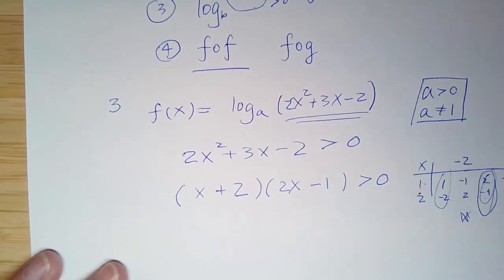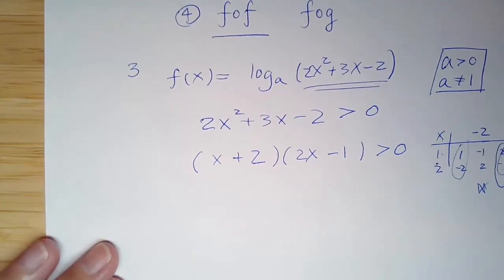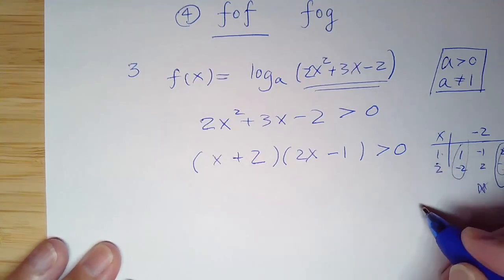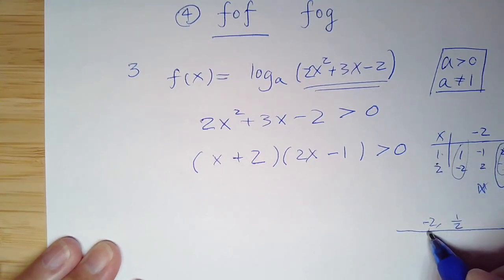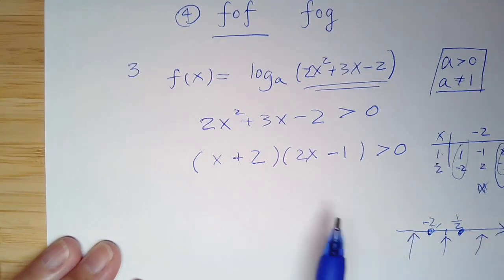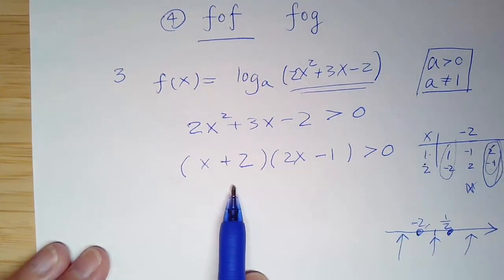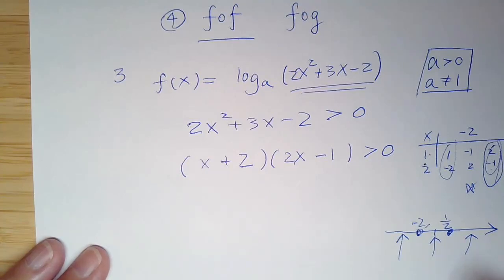And then there are several ways to do it. One is you find the solutions, which are negative 2 and 1/2, and that breaks your number line into 3 intervals. Then pick a test number in each interval, plug it back into this inequality to see which one works, then the whole interval should work.